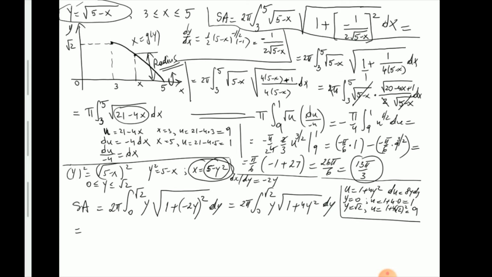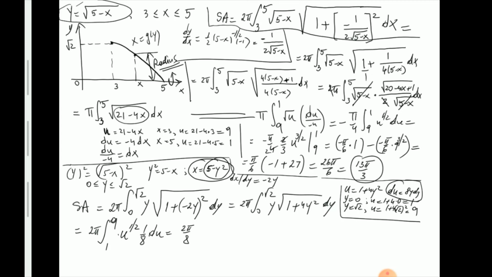Okay, so then the new integral becomes 2 pi, lower bound is 1, upper bound is 9. Let's see, the radical becomes square root of u, or u to the 1/2. Y dy from the substitution, remember 8 must be on the left side. It's going to be 1 over 8 du.